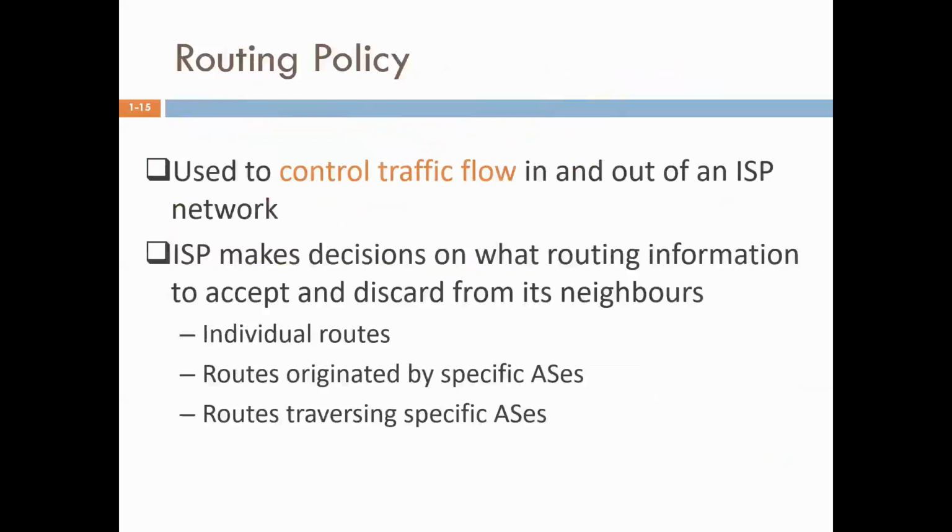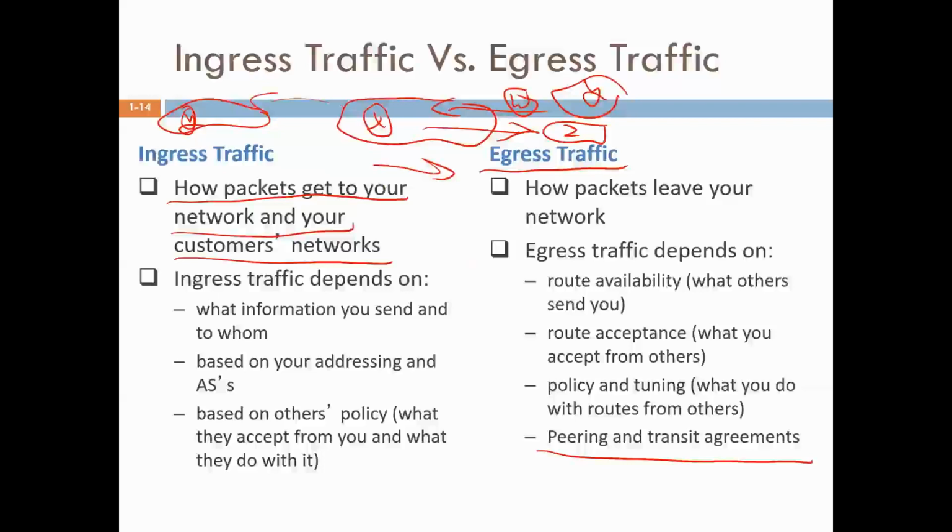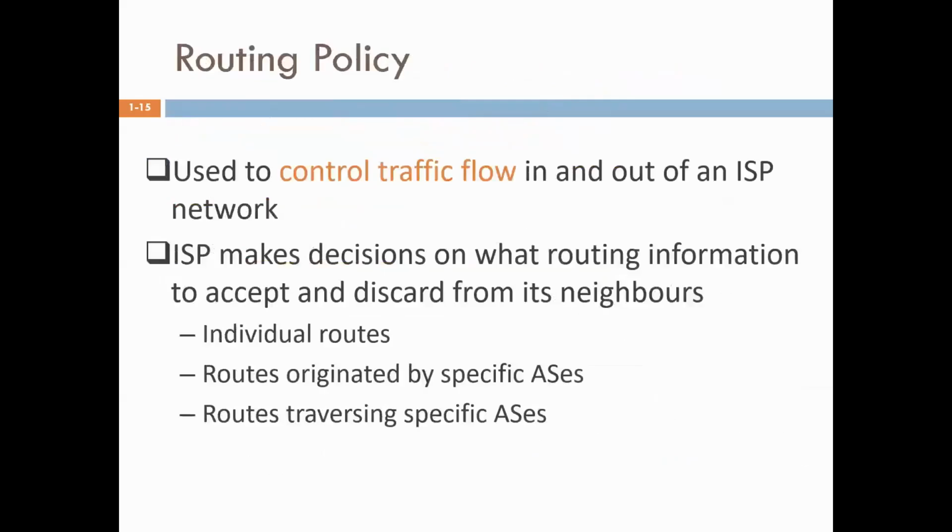So, in order for the routers to be able to control what happens to the egress traffic, the BGP protocol has to enforce routing policies. These routing policies allow the routers to make decisions on whether to accept or reject an announcement based on an individual route, or whether it's a route that is originating at a specific autonomous system.